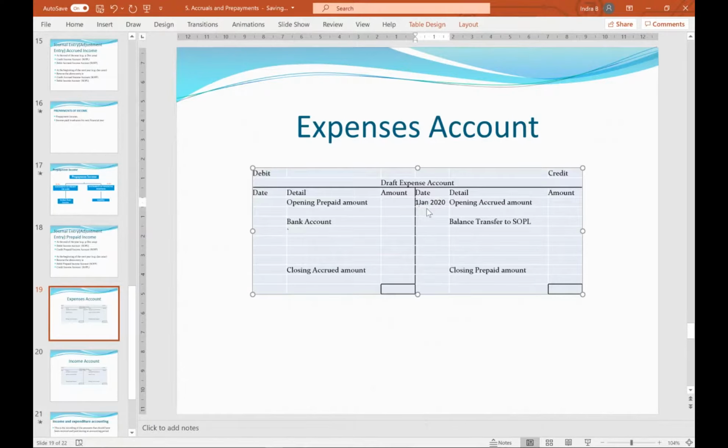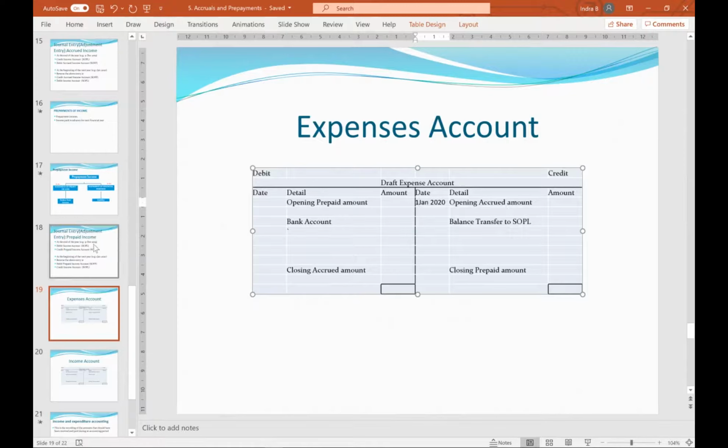From the previous example, the opening accrued amount will appear on the credit side, because when you have accrued expense, we debit expense account and credit accrued expense. And in the beginning of 1st January, we just reverse it.